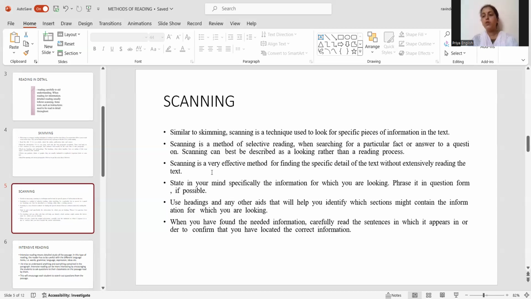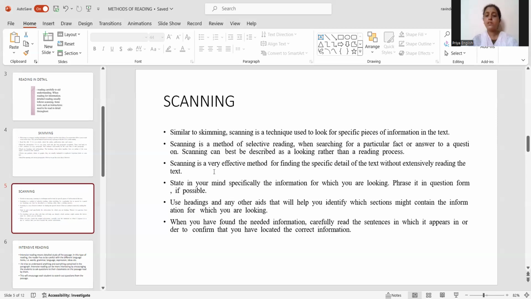When you're adopting this technique of reading, you're just finding the specific detail which you need, without going into the complete detail of the entire text. So it is a very effective method when you just need specific information in that particular text.